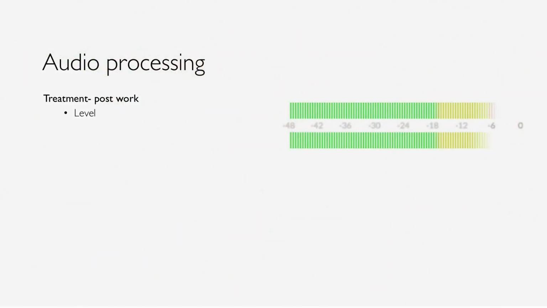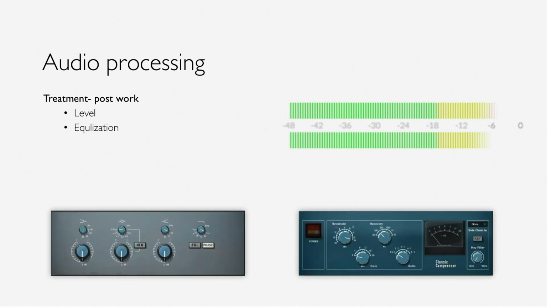Levels, get the levels right, and if you have to, you can use some EQ. As I said earlier, the 3 kilohertz, or the area between 2 and 4 kilohertz, is very important for speech intelligibility.